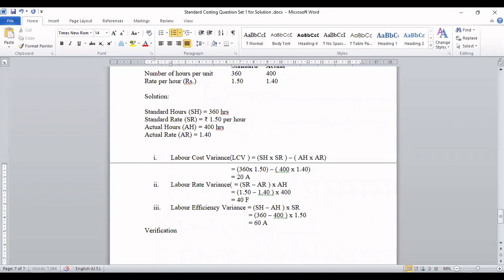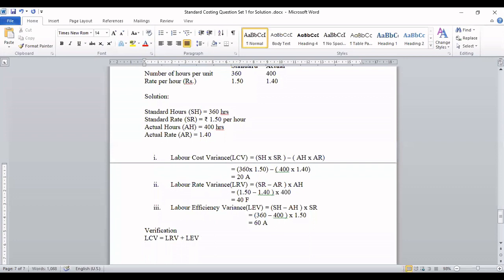Here I will write: this is my LRV, and this is my LEV. Correct? So the formula is LCV equals LRV plus LEV. Very good.